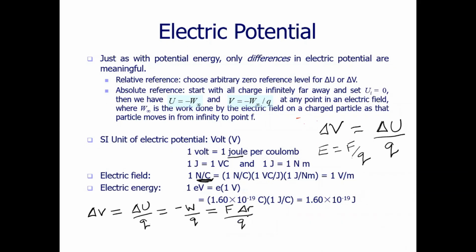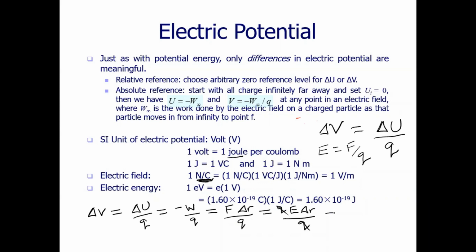Are we together? And then this force can be written in terms of what? Electric field, QE. I've written the force times that over the Q. Are we together? So this cancels with that.